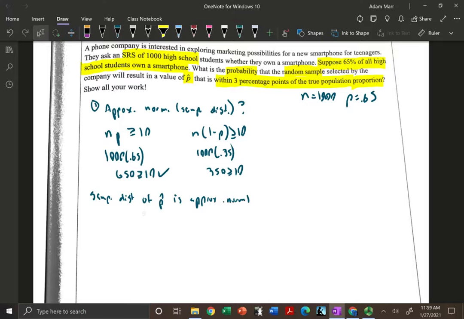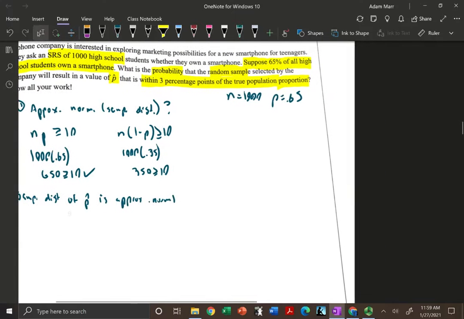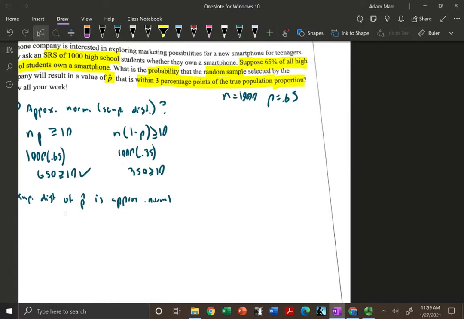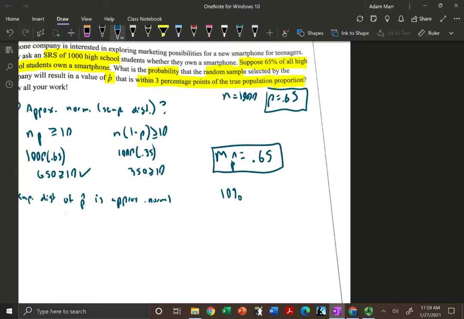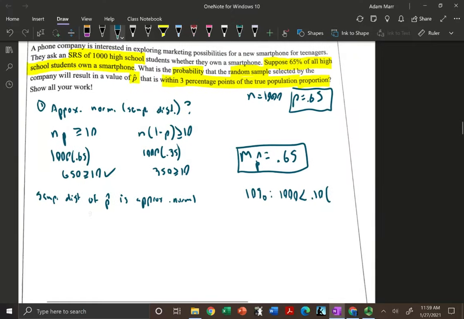So no problem. Now at this point we'll go and get the mean and the standard deviation. The mean of the sampling distribution is easy. That's an unbiased estimator of the true proportion, so it's just going to end up being 0.65. Now remember, we have to check the 10% condition to get the standard deviation. So we have to see, is 1,000 less than 10% of, now what are we talking about right here?